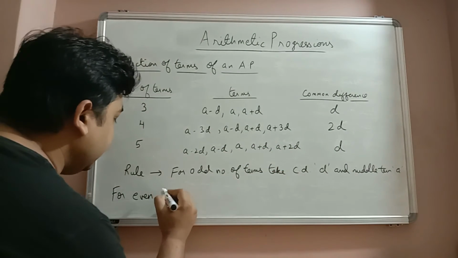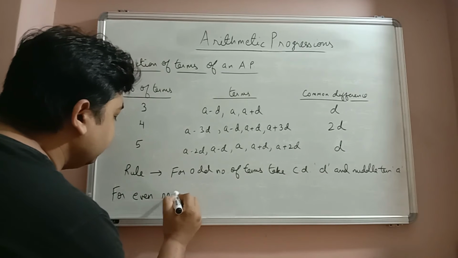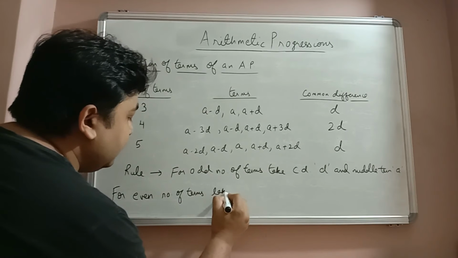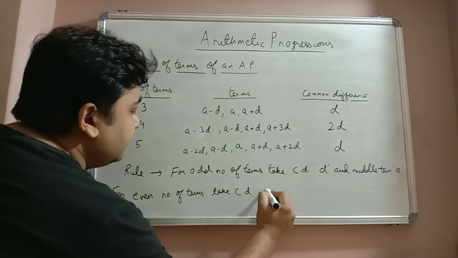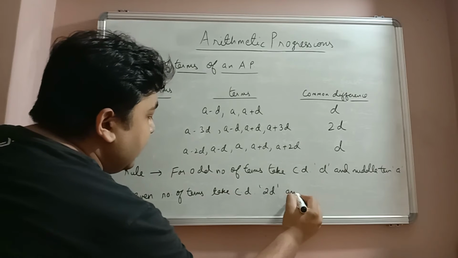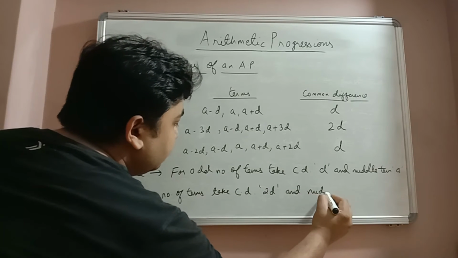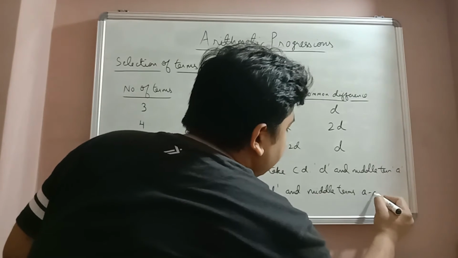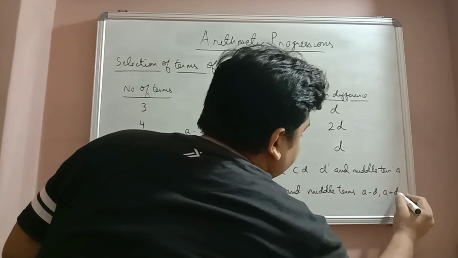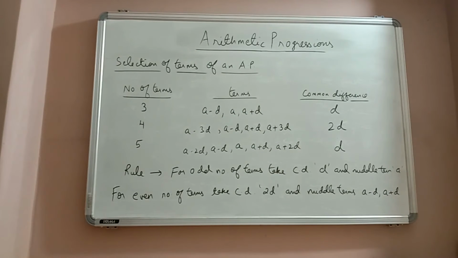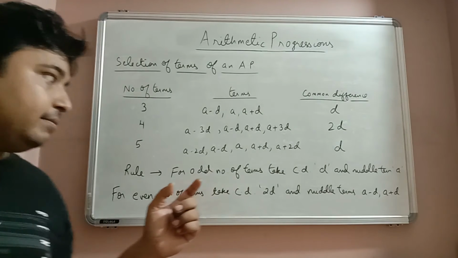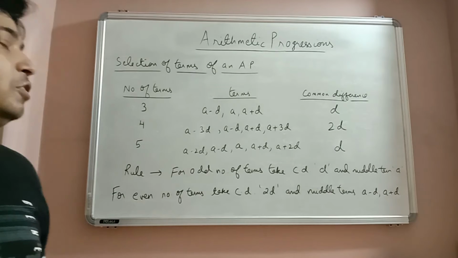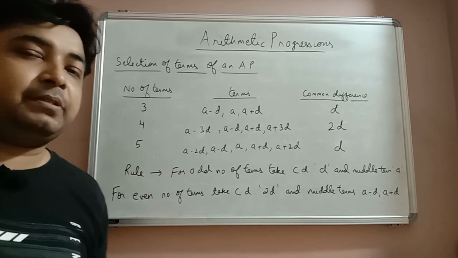So for even number of terms, we will take common difference 2d and middle terms a minus d, a plus d. Now students, you may note down this rule. Let's take up some questions in order to apply these concepts.